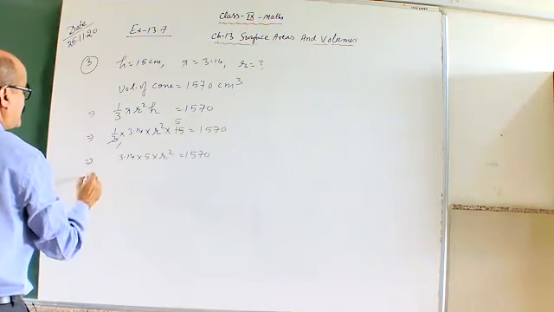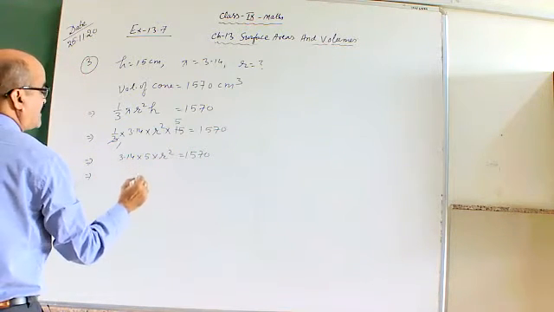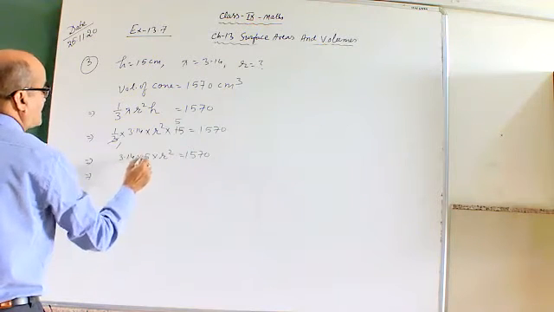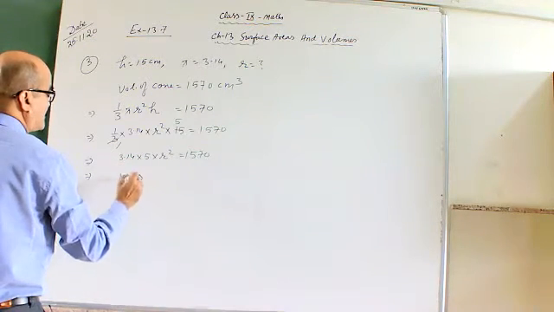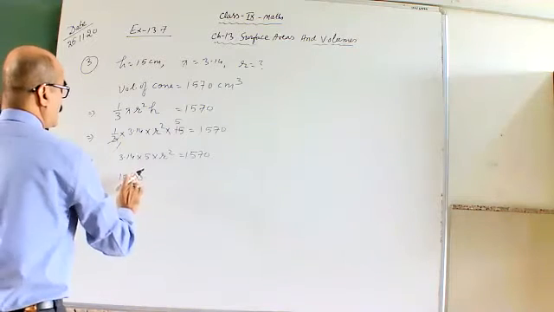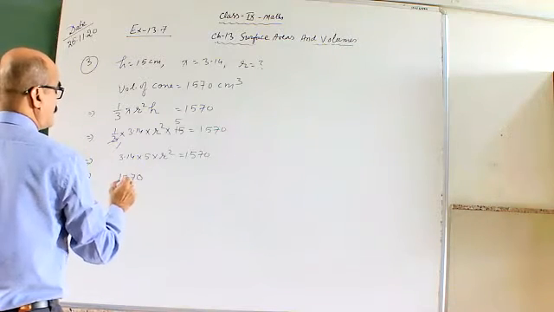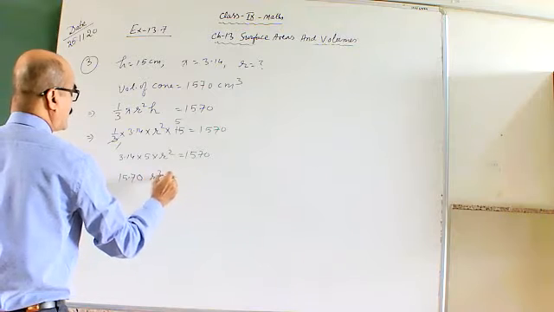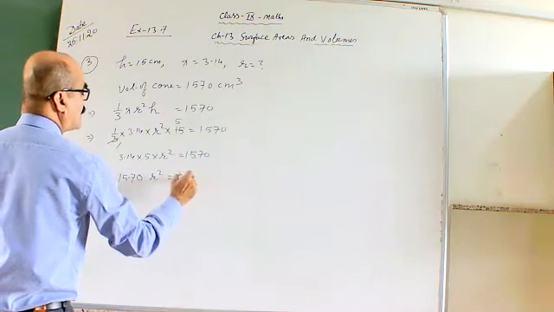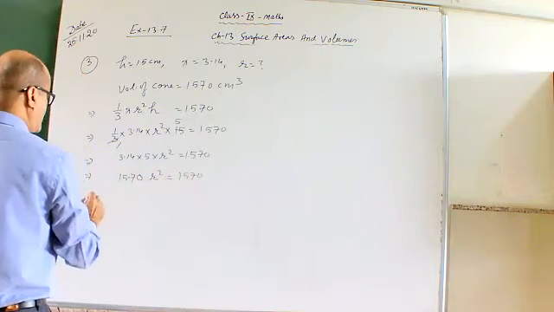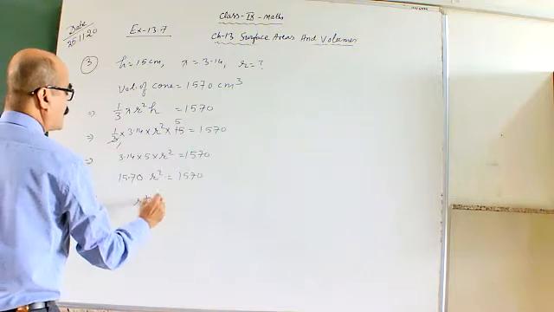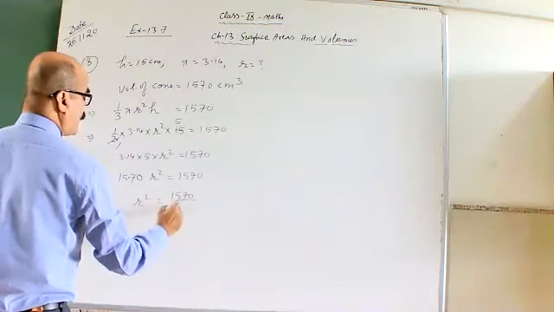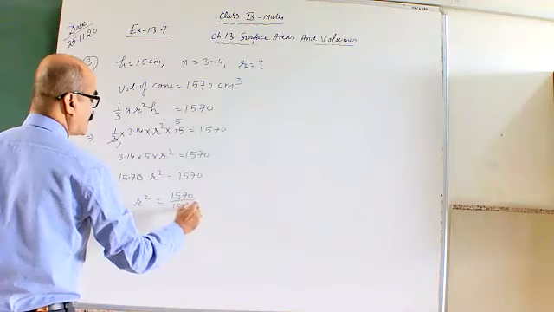Now multiply this. 5 fours are 20, 5 ones are 5 plus 2 is 7, and 5 threes are 15. That will be equal to 15.70 r square is equal to 1570. So r square will be equal to 1570 divided by 15.70.